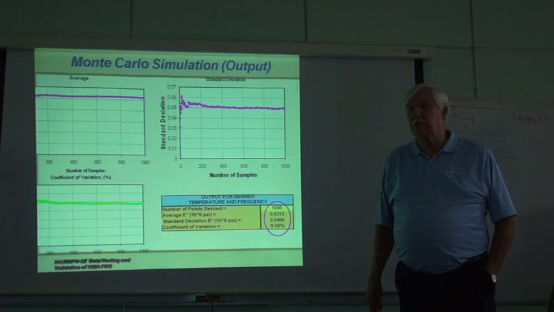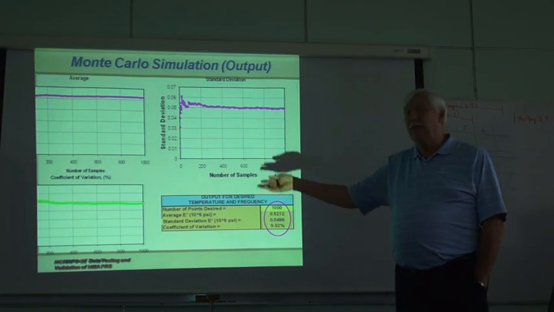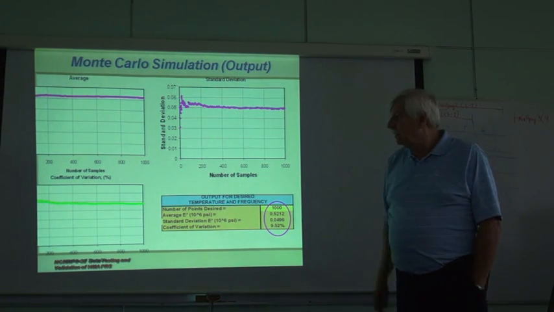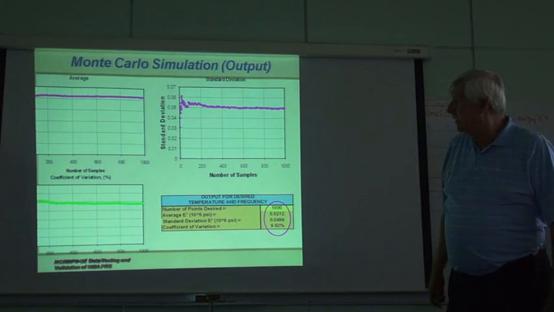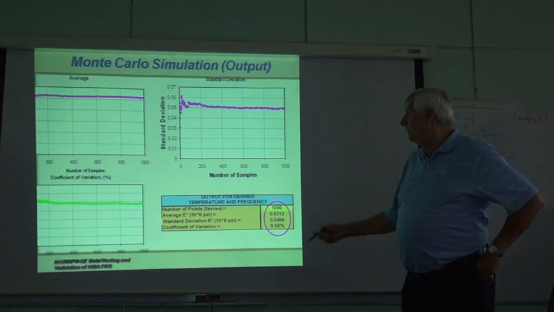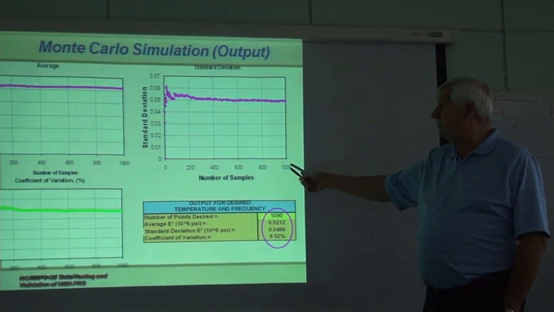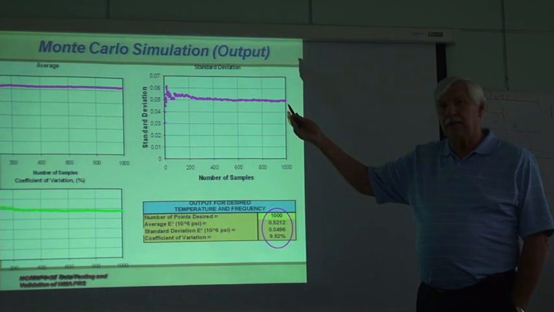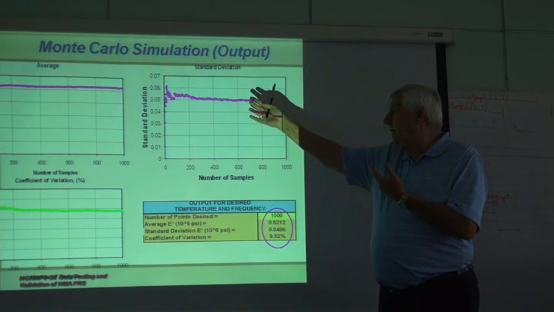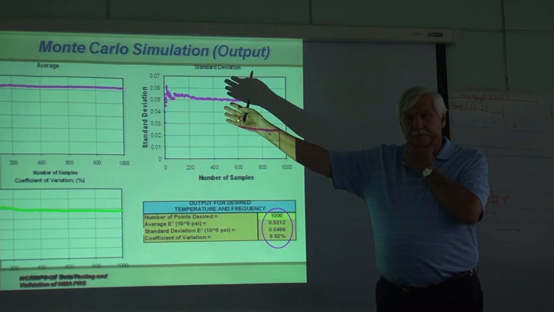So, the Monte Carlo simulation part of things, we have built this into the program. Here's a plot of the number of samples that we'll do. We triggered this initially in the program that we ran. This happens to be on the dynamic modulus.